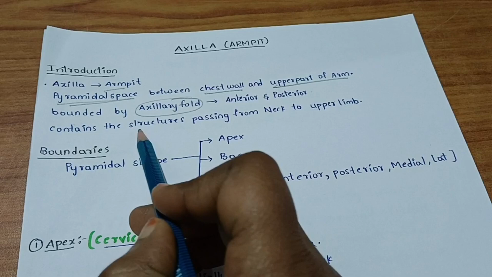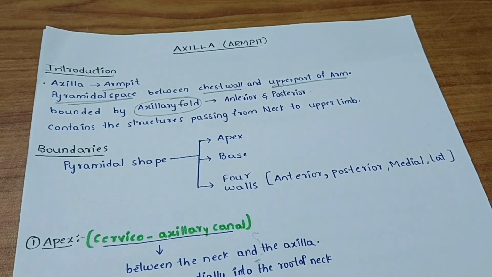It contains structures passing from the neck to the upper limb, such as the axillary artery and brachial plexus. There are also some structures which extend in the opposite direction, from the upper limb to the axilla to the neck, for example the axillary vein, which goes in the opposite direction.